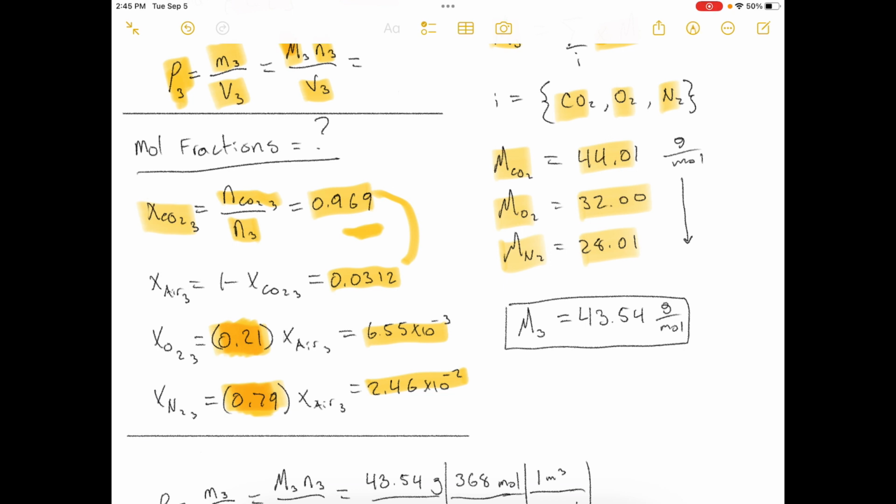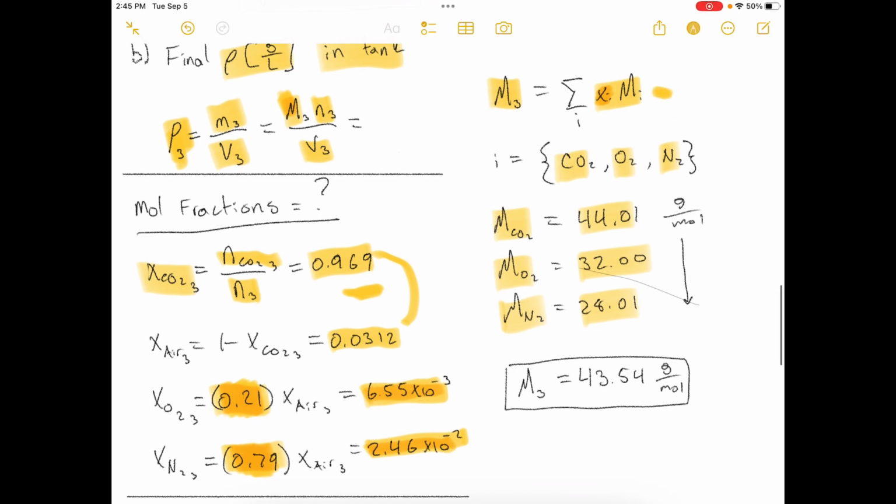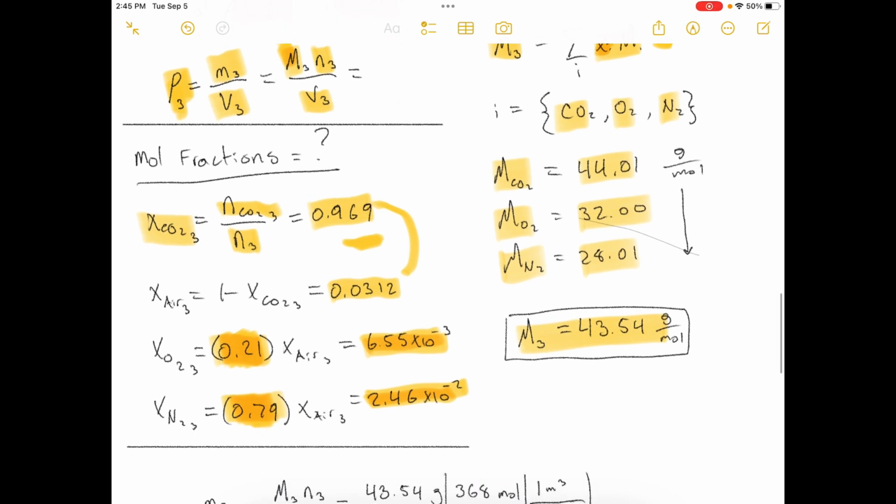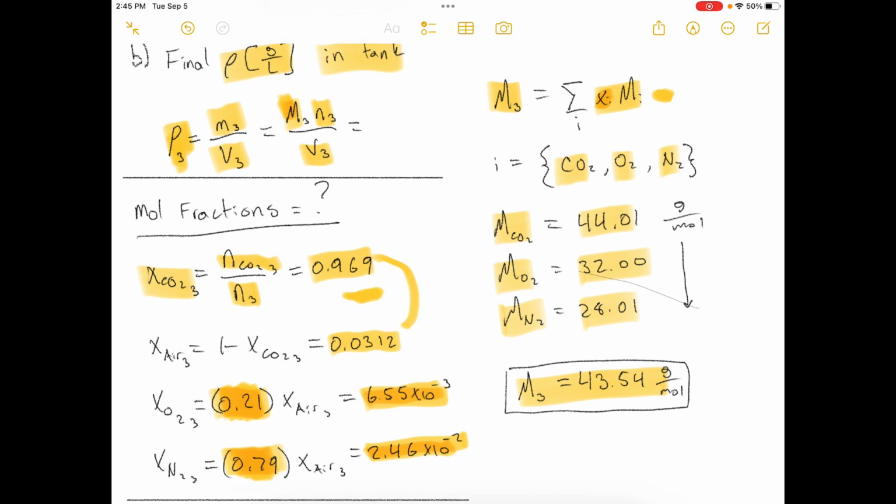So that's how you solve for all of the molar masses for each of those components, and then you do the final bit here and multiply all those together, do the weighted average, and you get that the molar mass of the gas in state 3 is slightly less than carbon dioxide. Carbon dioxide is 44, this is 43.